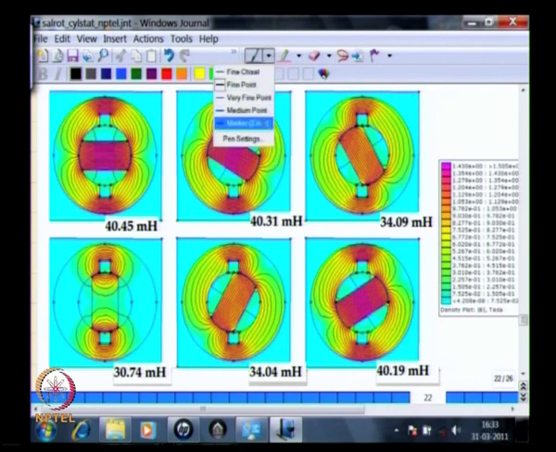Now, let us say we look at a given angle on the circumference of the stator. Let us say we are looking at this point here, the same angle as you travel around the circumference.